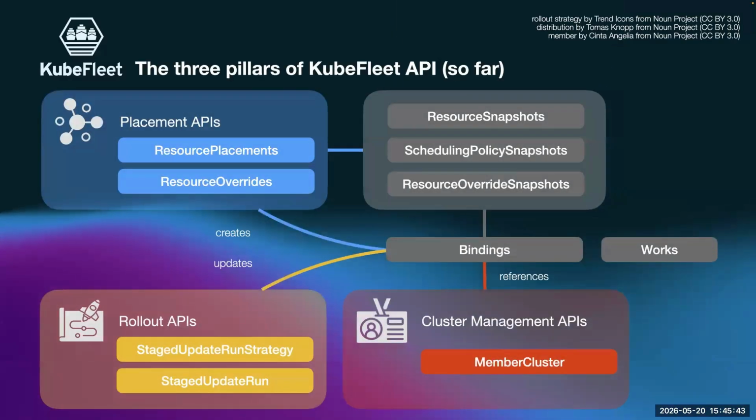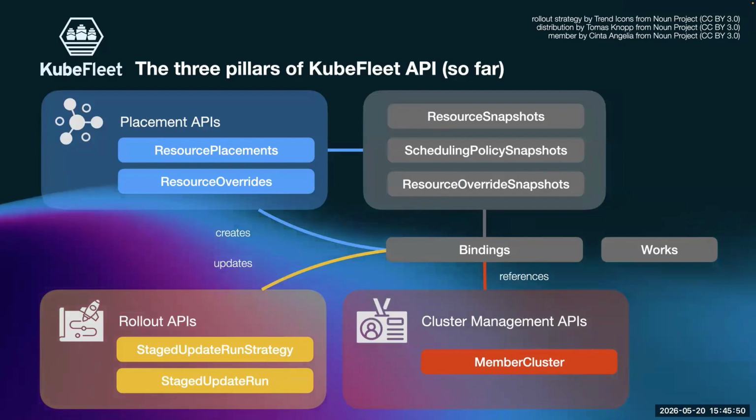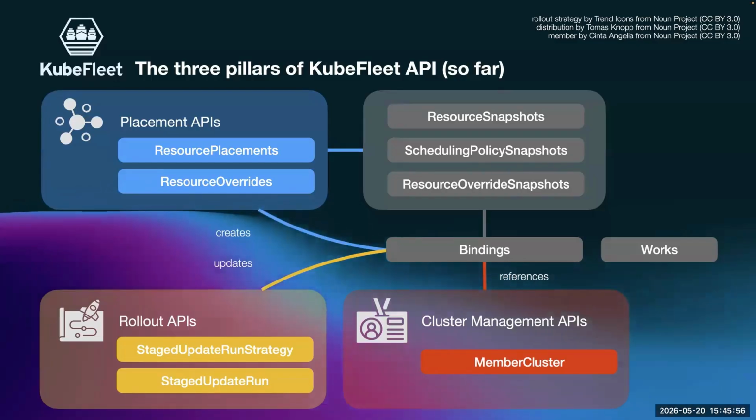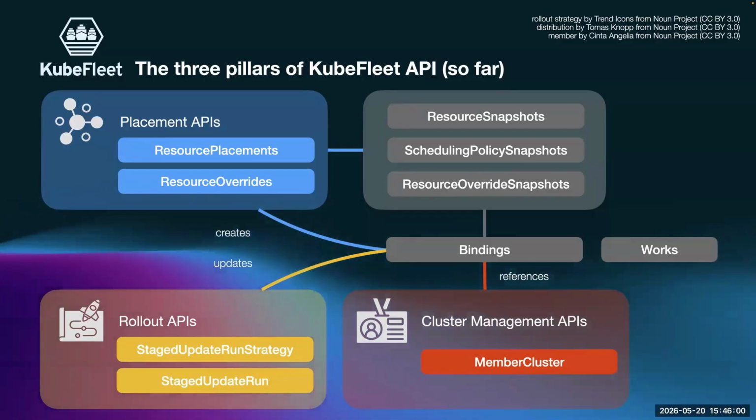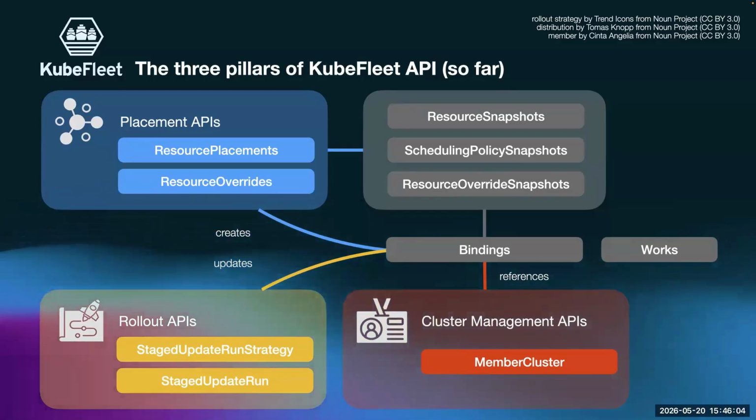So now, aside from this hub and spoke architecture, we also provide APIs in three problem domains. Those are the domains we think matter most in the multi-cluster ecosystem. We have the placement APIs, which are responsible for orchestrating workloads from the hub cluster to all member clusters.